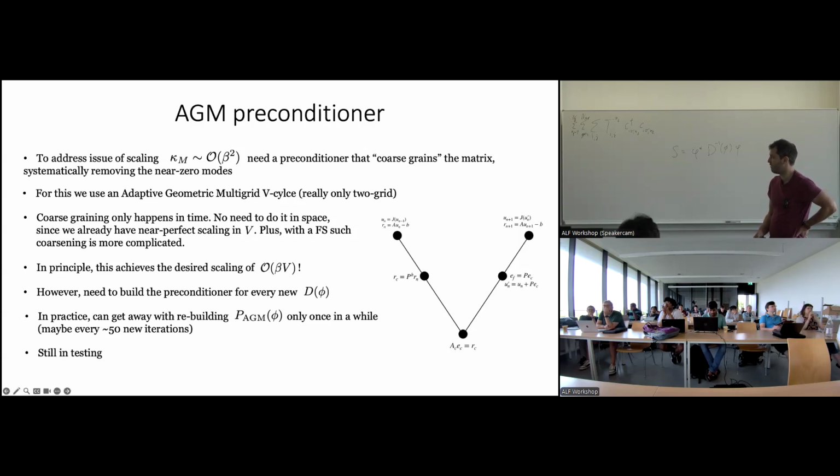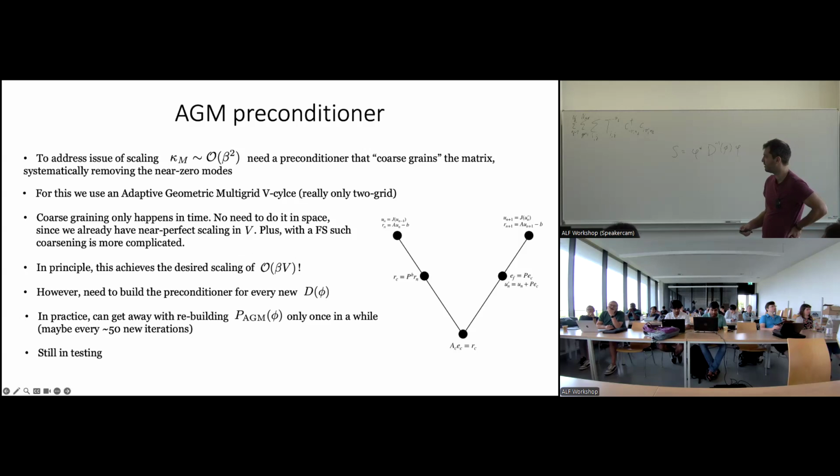This is because we have near perfect scaling in the real space volume anyways, and plus coarsening the Fermi surface is much more complicated. You need to do something like Shankar RG. So we just coarse grain in the time direction.